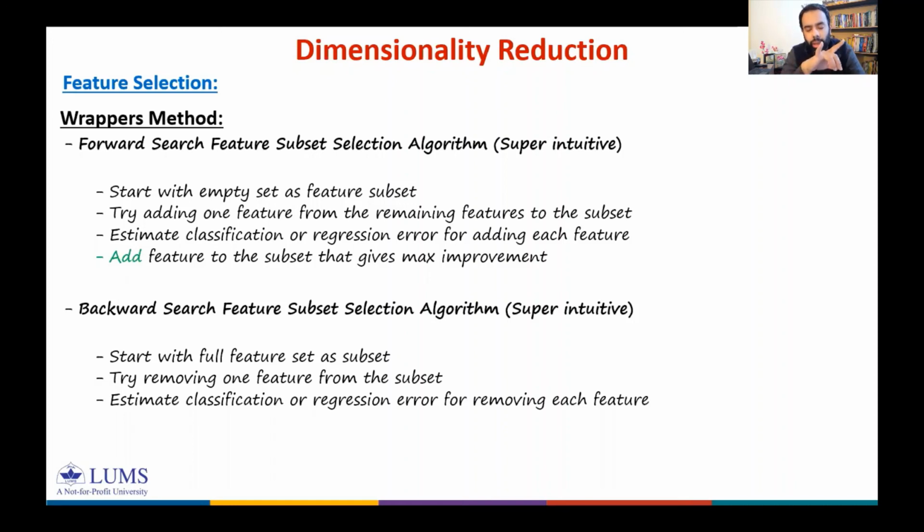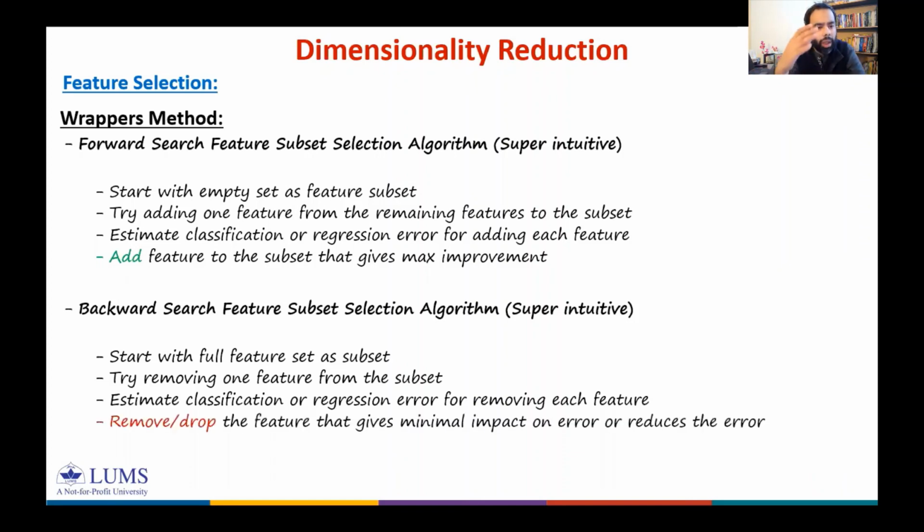Or sorry, it improves the accuracy, or it does not decrease the accuracy. So you drop that feature, and you keep on doing this. After the first iteration, you're left with D-1 features. After the second iteration, you will have D-2 features, and you keep on doing this until you have K features.